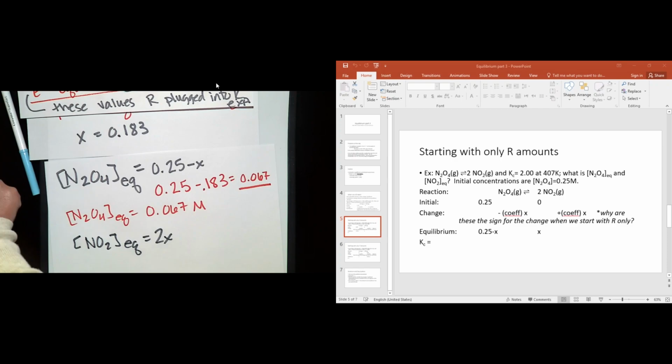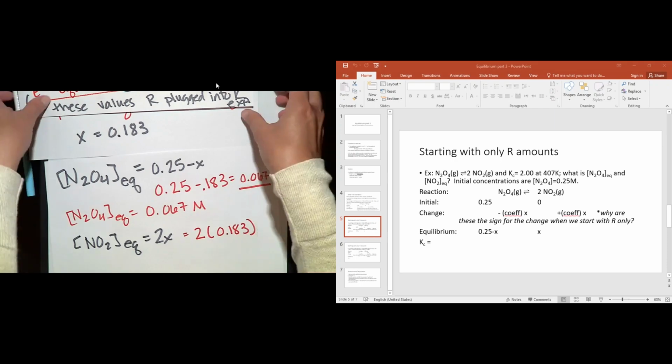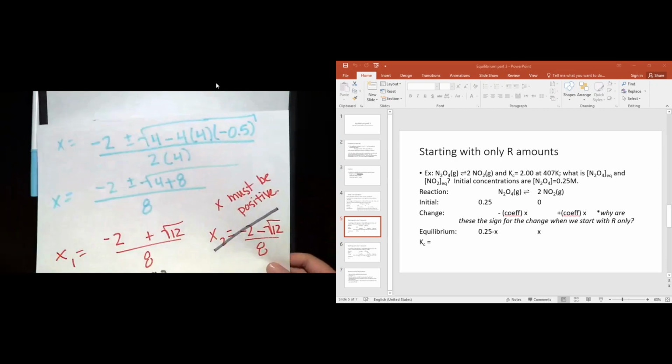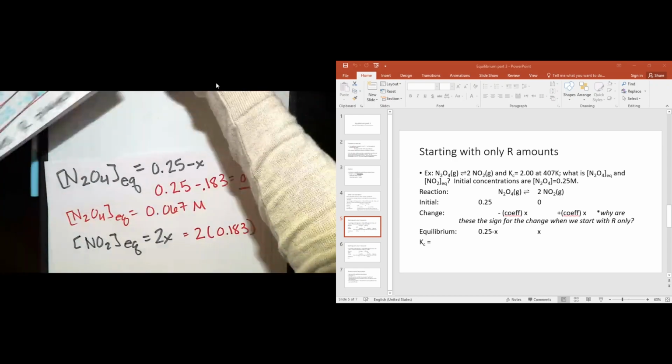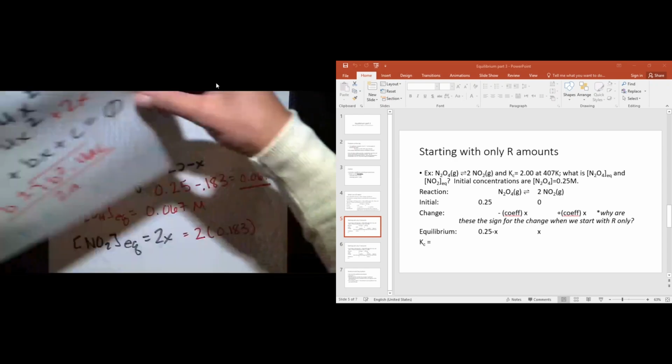So I'm going to plug in 2 times 0.183. I don't have a square here. The only time I have a square is in my equilibrium constant expression.